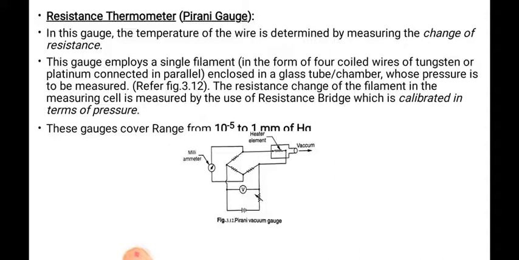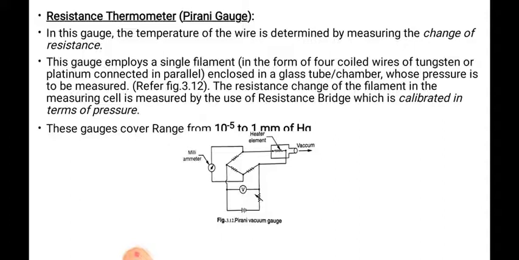This gauge employs a single filament in the form of four coil wires of tungsten or platinum connected in parallel. The single filament is enclosed in a glass or metal envelope or bottle, a glass tube chamber whose pressure is to be measured.